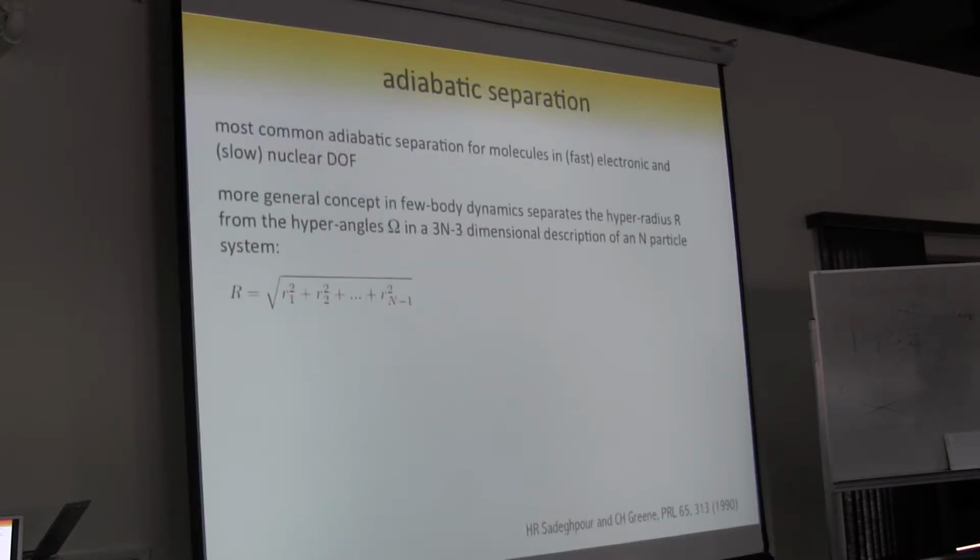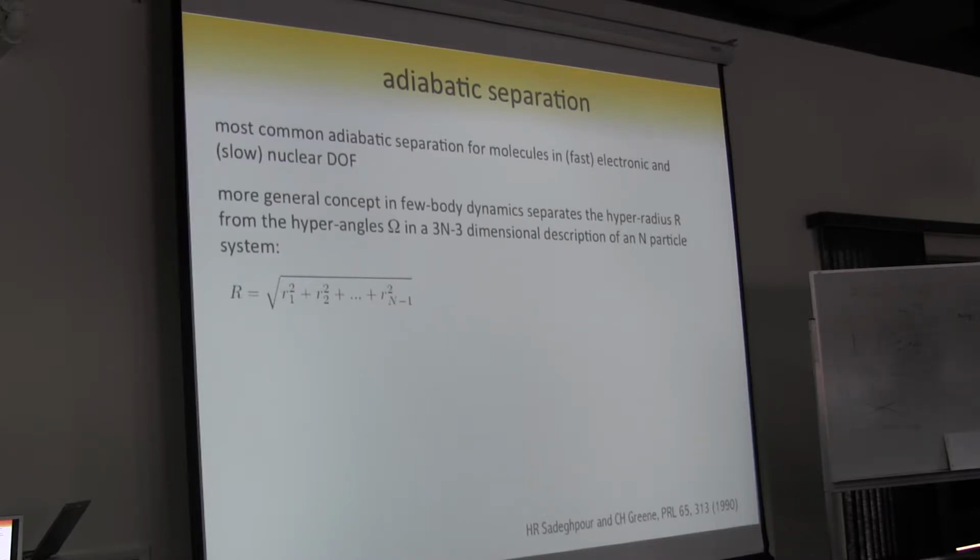Okay, so what is adiabatic separation? As you know, it's most common for molecules where the electrons move fast because they're much lighter and the nuclei are slow. So you separate the dynamics of these two basically coordinate systems.